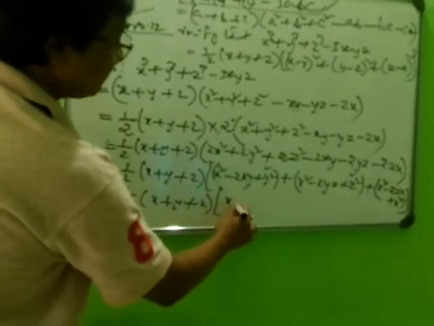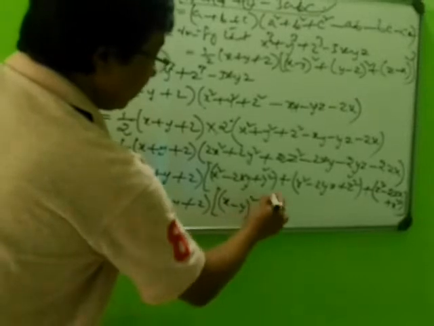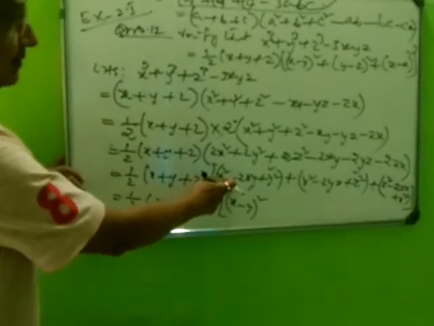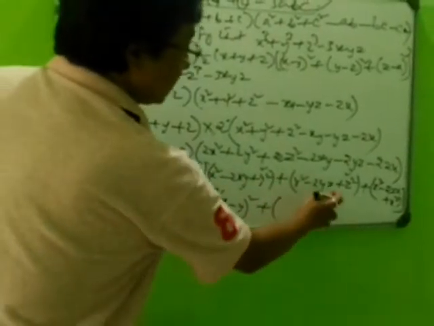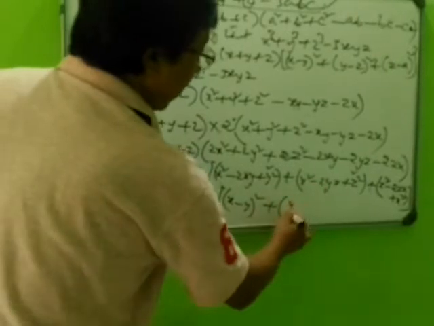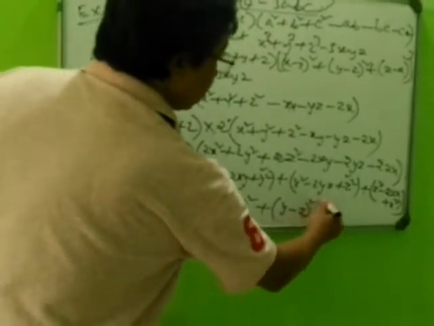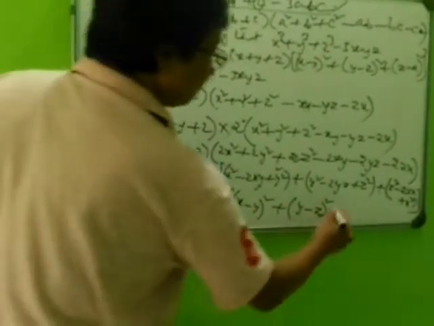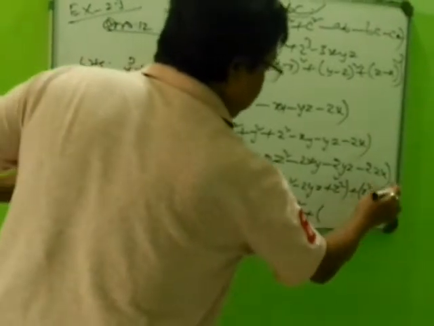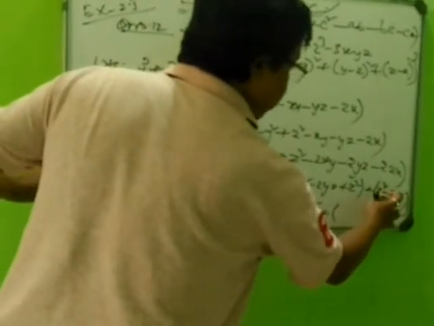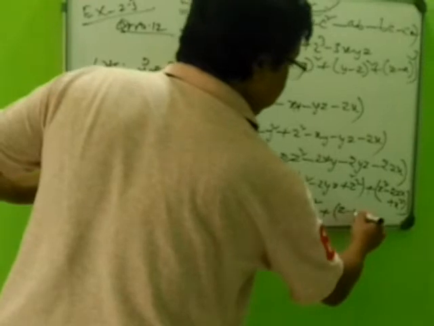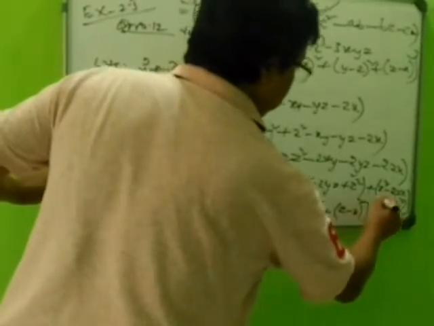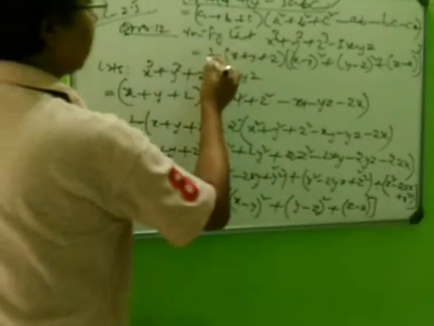So it will be x minus y whole square, because twice ab is minus here, so it will be y minus z whole square. So here also twice ab is minus, so it will be z minus x whole square. So you got the right hand side.